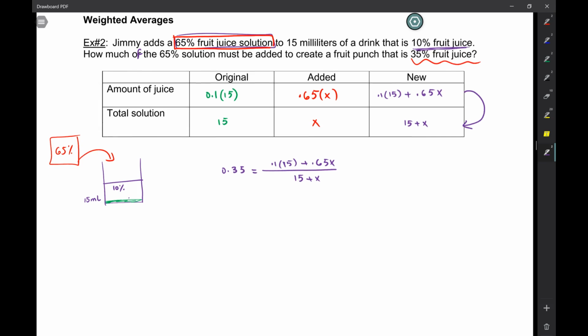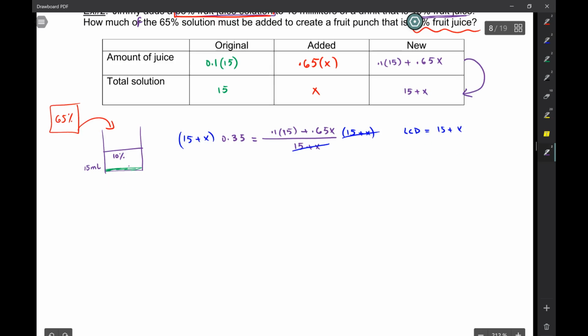And now we're going to solve this just like before. So what's the LCD here? 15 plus x. So we're going to multiply, and this will cancel. So here I get 0.35 times 15.